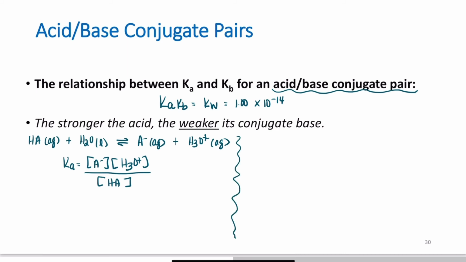Now, what about its conjugate base? A minus is the conjugate base of HA. If I put A minus in solution, that's going to react with water, and it's going to form HA plus OH minus.